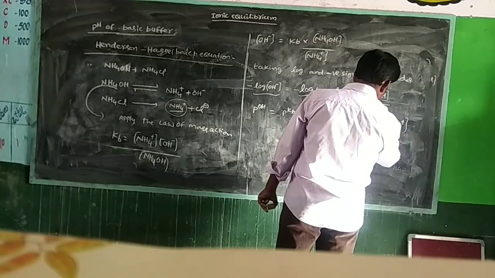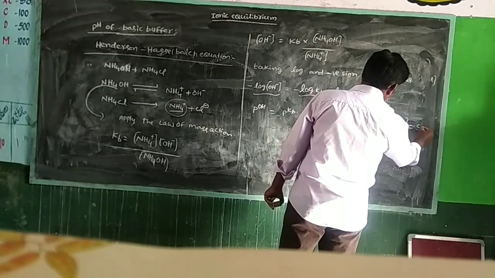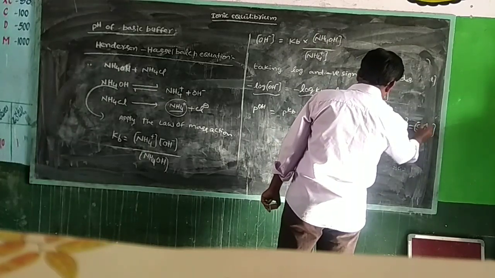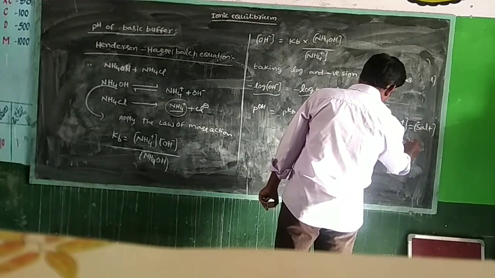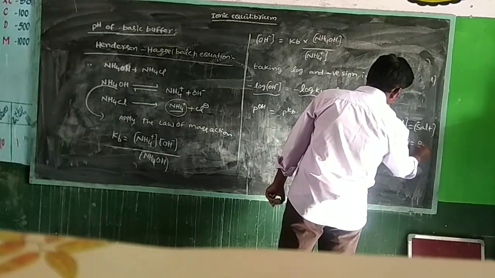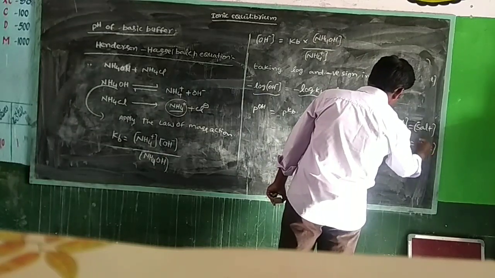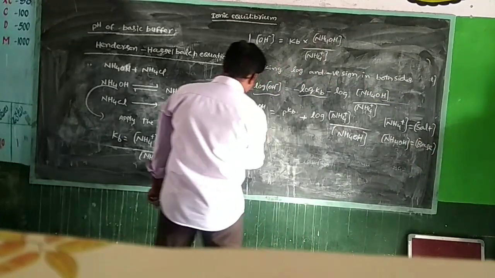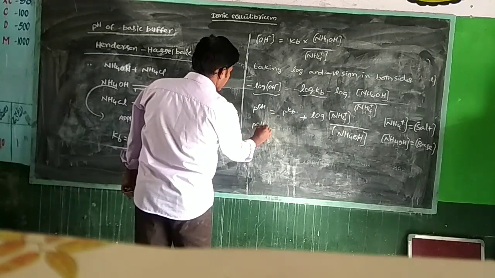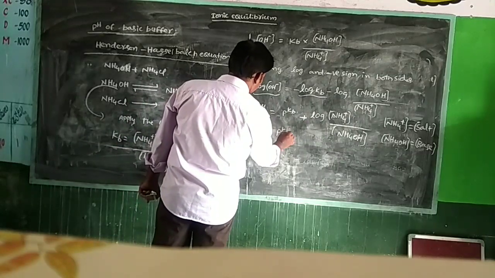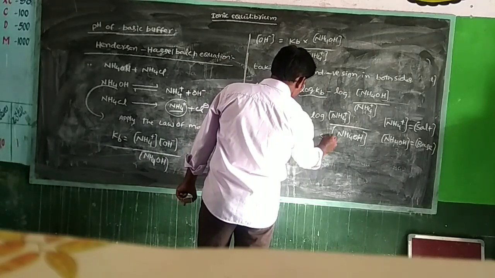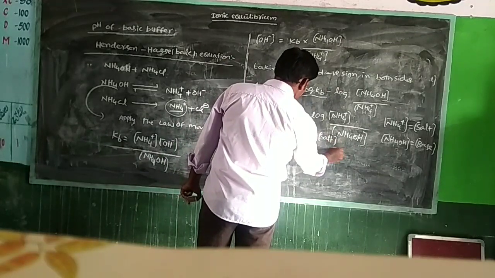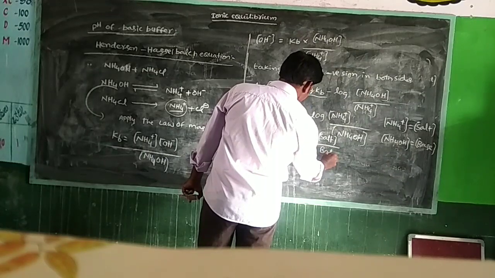NH4 plus is the salt concentration, and NH4OH concentration is the base concentration. So pOH is equal to pKb plus log salt concentration by base concentration.